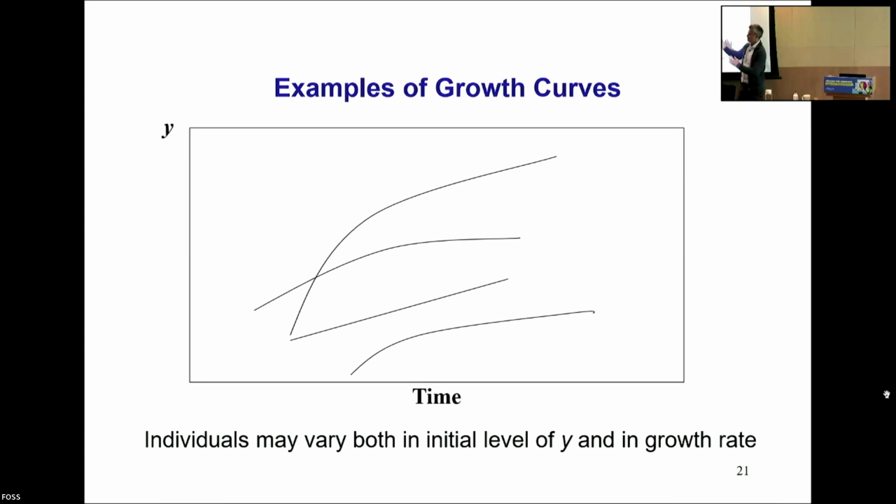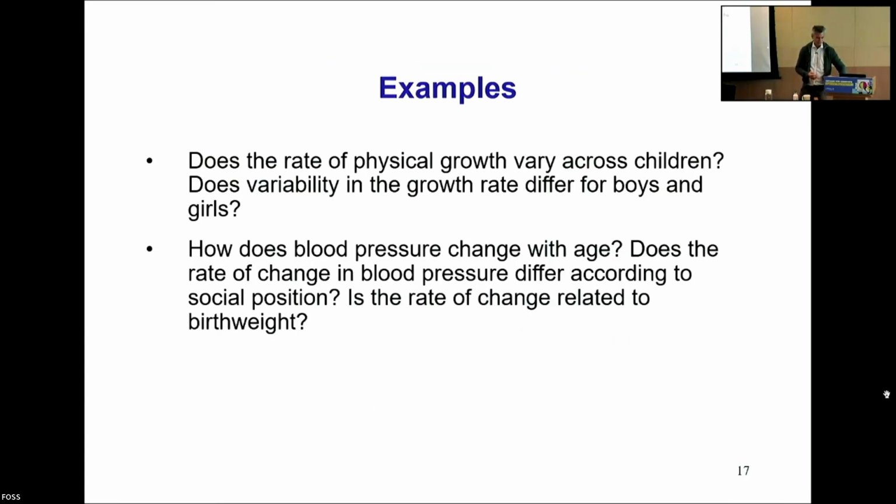We can't just have a single slope, a single line, because of course children vary between each other. So the growth curve model gives us what that expected amount of variability is. It estimates the variance in the growth rates for different children, and that is only made possible by these random slopes models. So they're very important for height and weight growth. Maybe less important for social sciences, but even there, I would agree they're quite important as well.